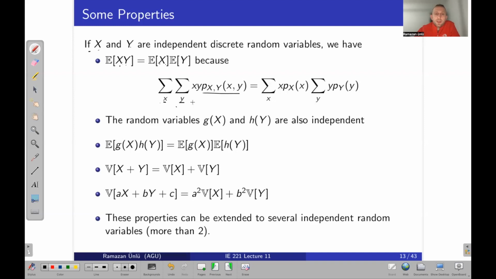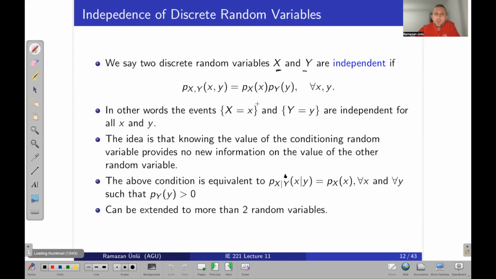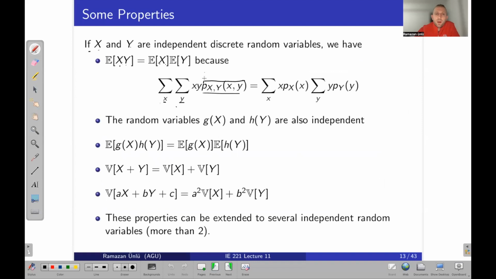I can split the summation because X does not depend on Y. We also know that the joint PMF is equal to the product of the individual ones, so I can rewrite this part as the probability of X times the probability of Y. The terms that do not depend on Y can go outside the summation, and I get the first term.